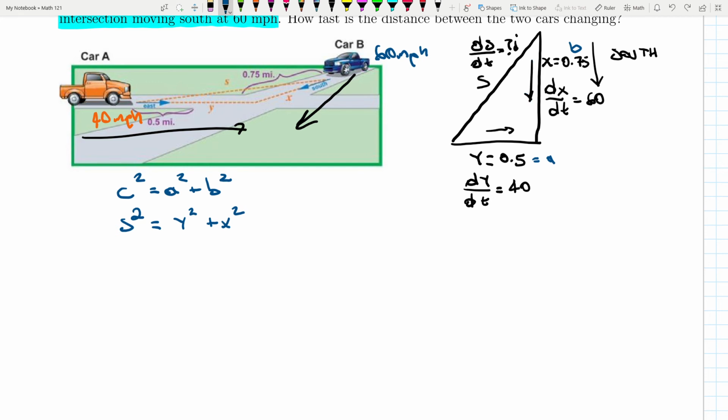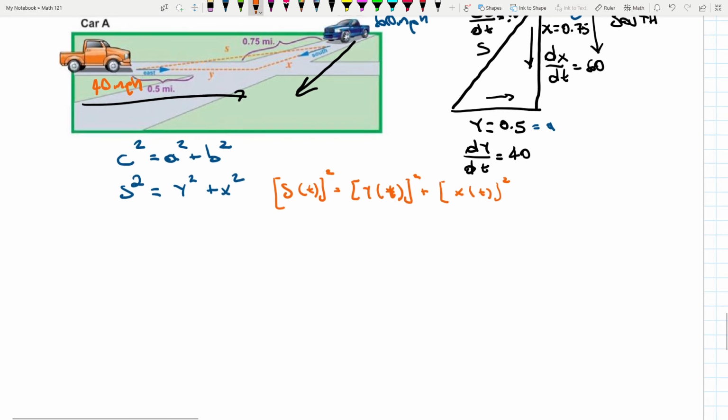So in the background, we have some s depending on time squared, y depending on time, and x depending on time. Of course, you don't have to write all this. I'm writing it in orange just as a reminder that when we take these derivatives, we are differentiating with respect to t. I'm going to leave it here and take the derivative.